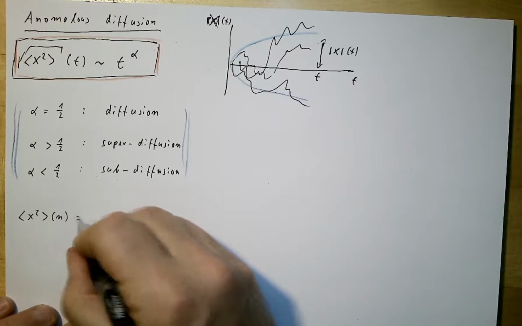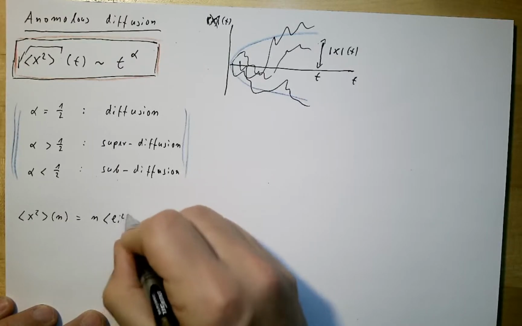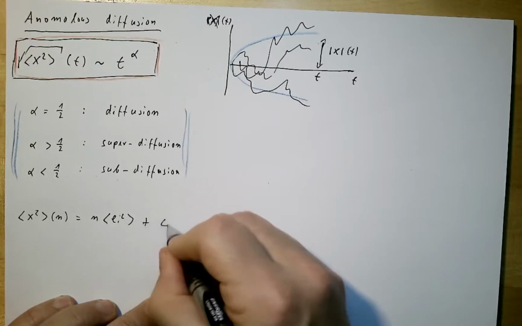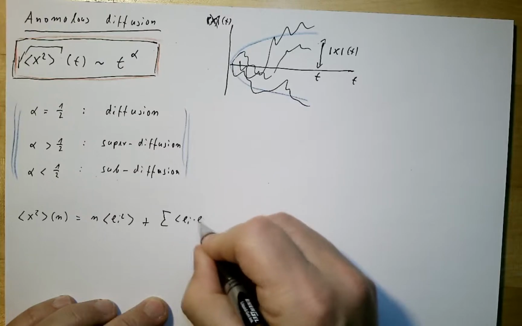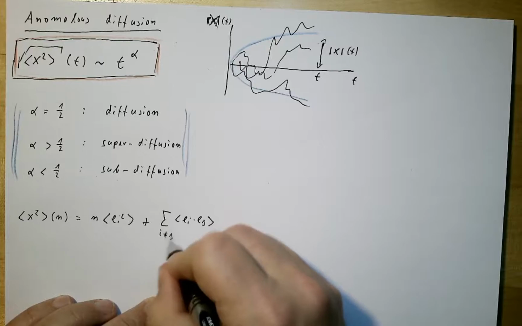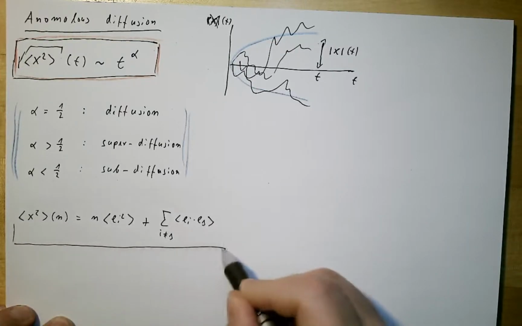This goes as n times the variance of the increments plus the sum of the e_i times e_j for i not equal j. That was the general formula that we derived.